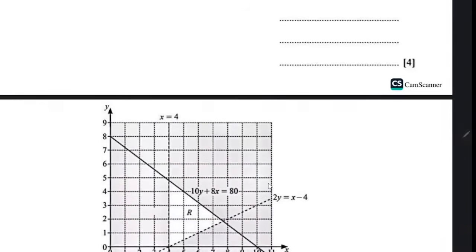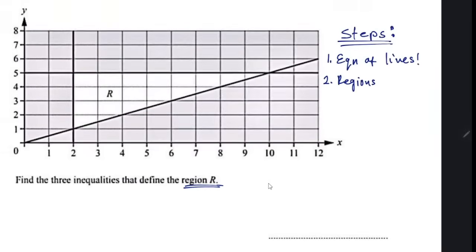Also, the last thing when you're making your inequality is see if it's solid or dashed. Or maybe let's say you check the equations, then you check if it is solid or dashed, then you now check the region for the inequality.